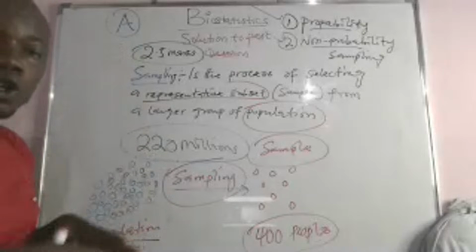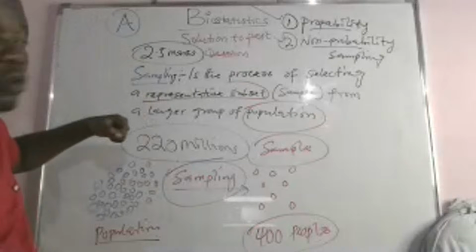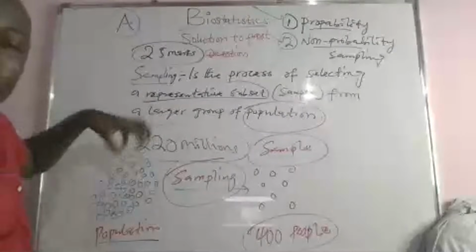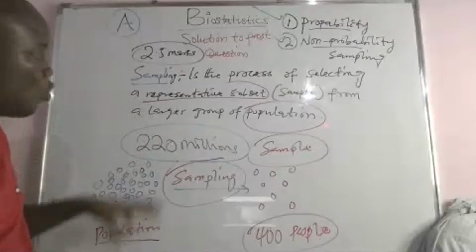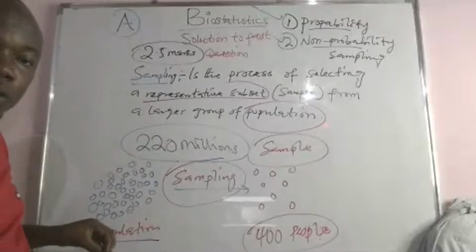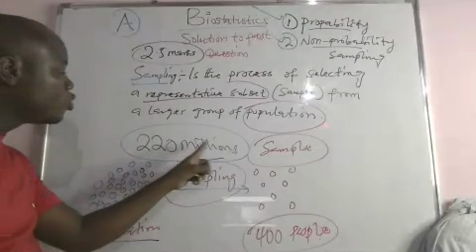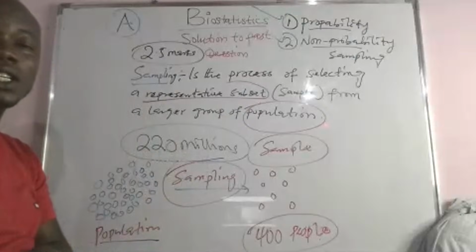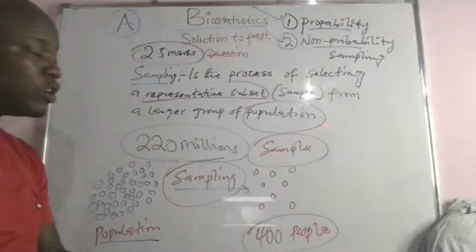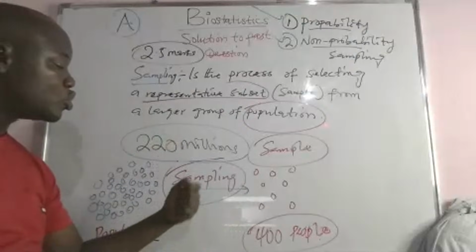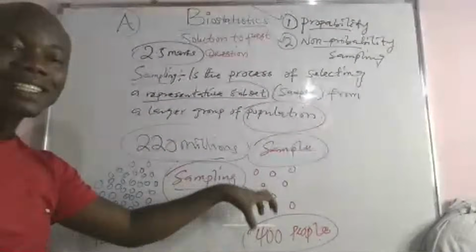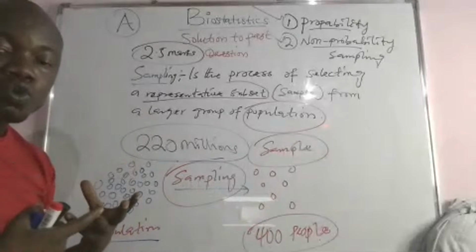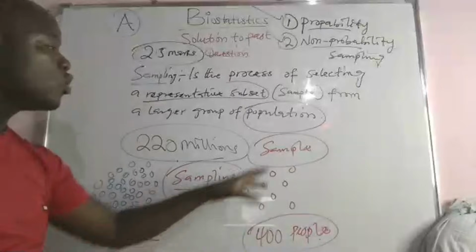So you test it among healthy volunteers or among the Nigerian population. In Nigeria we have over 220 million individuals, and you cannot work with 220 million individuals. So you do sampling: you select a subset or representatives from that population. The representatives that you use for your study are called the sample.